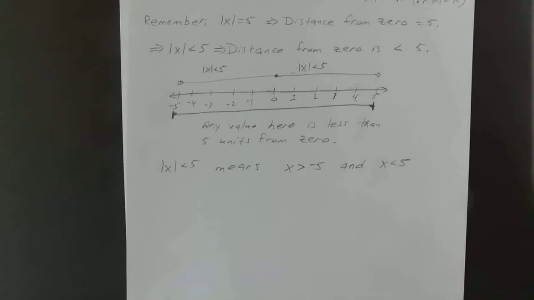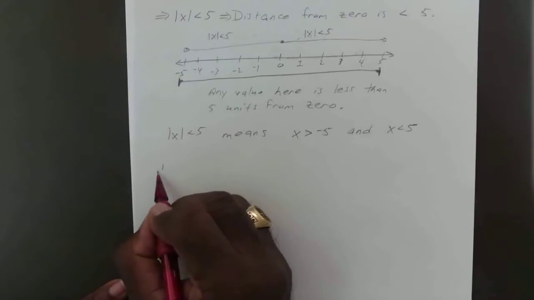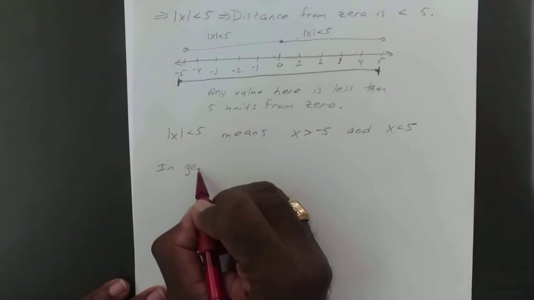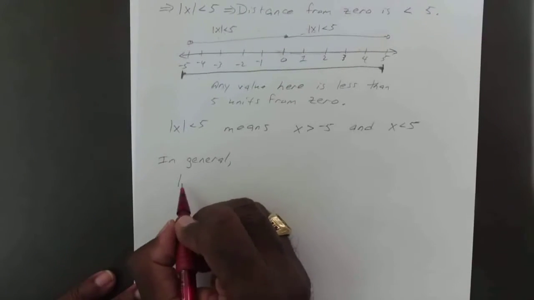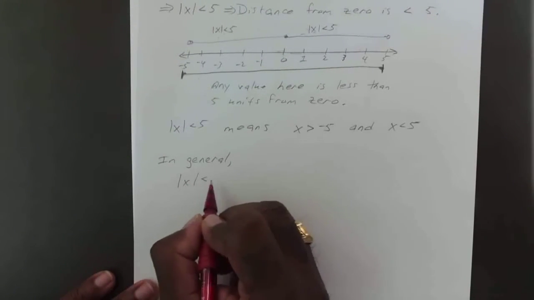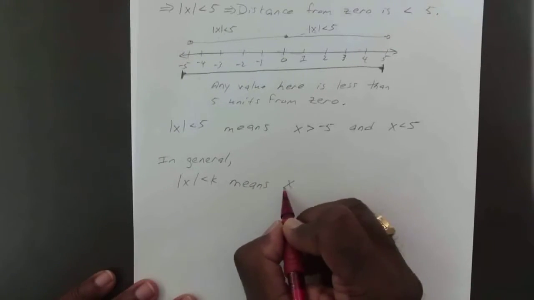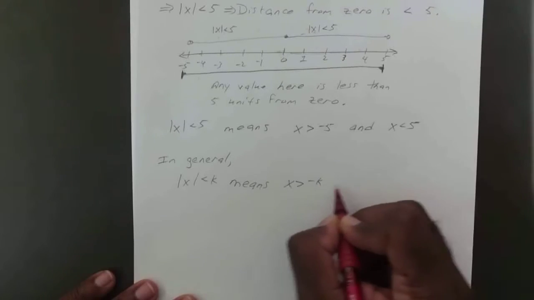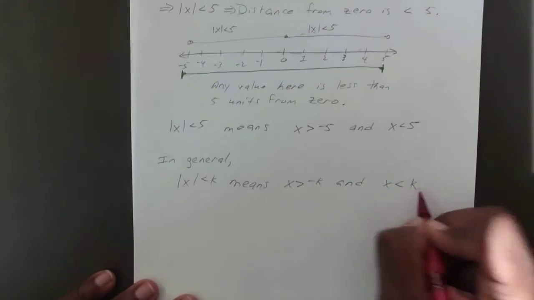Okay, so that idea gives us once again our general idea. Okay, so in general, absolute value of x is less than k means that x is greater than -k and x is less than k.